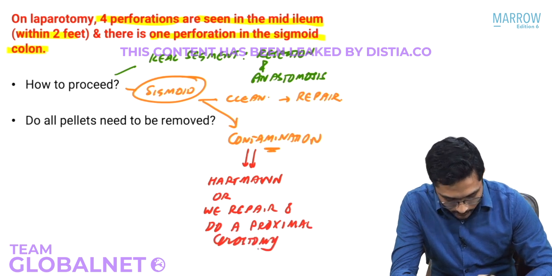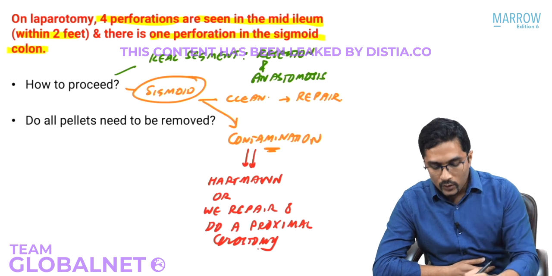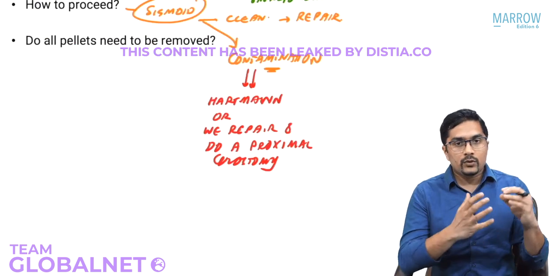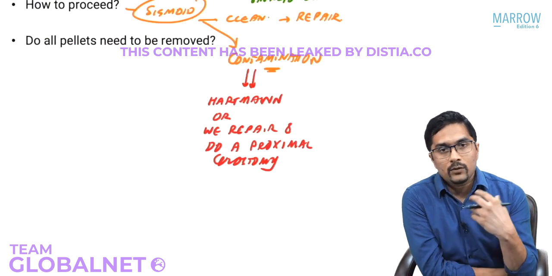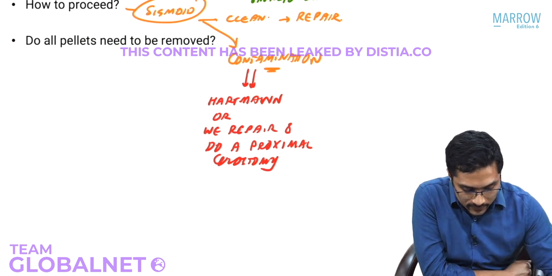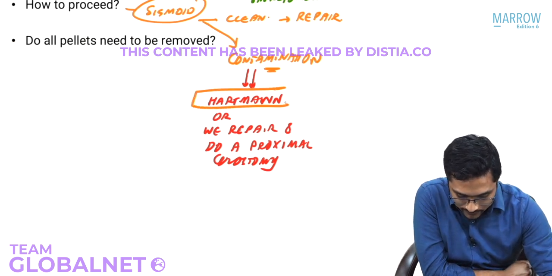And we do a proximal colostomy to save that repair, so that fecal matter doesn't come down and contaminate our repair. Hartmann's procedure has been asked multiple times in the exam.